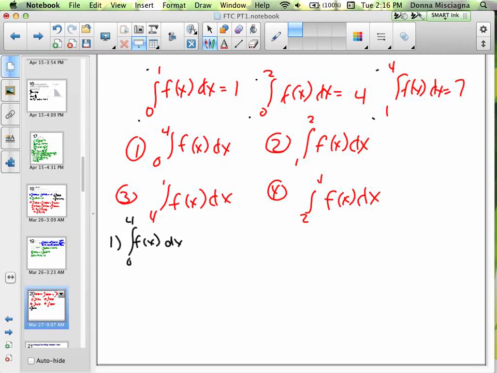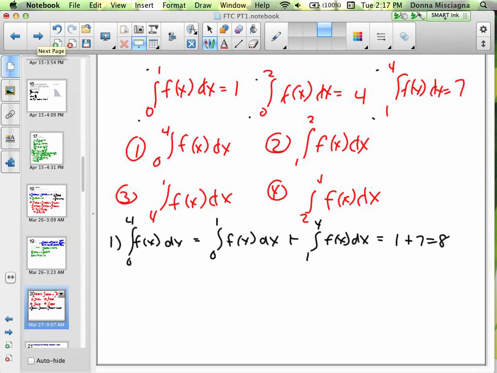Then we would just add the integral from 0 to 1 plus the integral from 1 to 4. Notice that the end on the first one is the beginning on the other, so we matched them up, and now we just add those together. So that would be 1 plus 7, or 8.